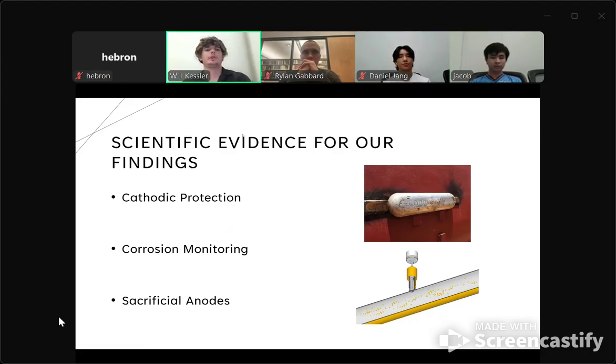There were 3 different things that we based our evidence around. Those 3 methods were cathodic protection, corrosion monitoring, and sacrificial anodes. The first one, cathodic protection, is a scientifically proven method that connects the metal surface that is intended to serve a purpose, like the hull of a ship, to a more easily corroded metal.